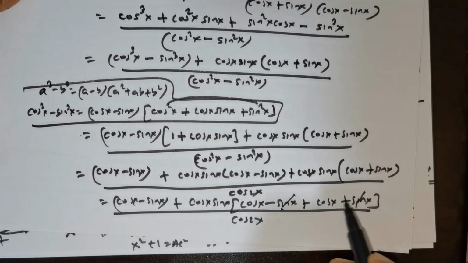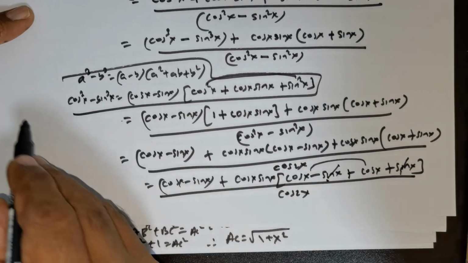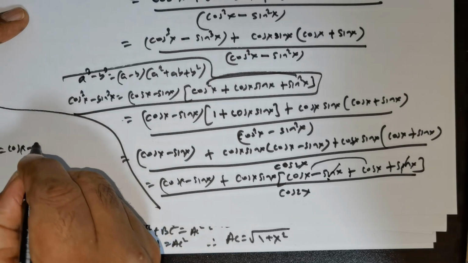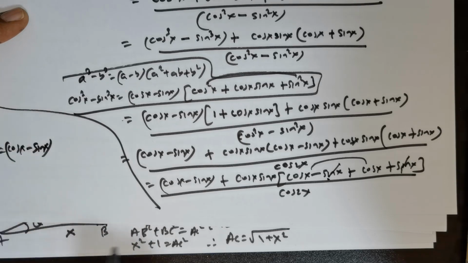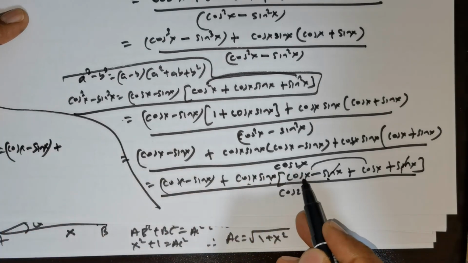Sin x gets cancelled, cos x added up gives me cos 2x. So I want to use this part, so this is equal to cos x minus sin x plus cos x sin x times cos 2x.